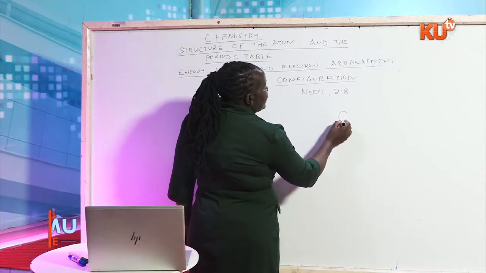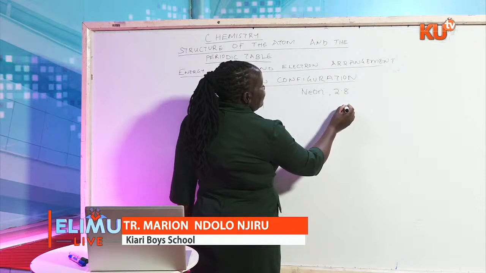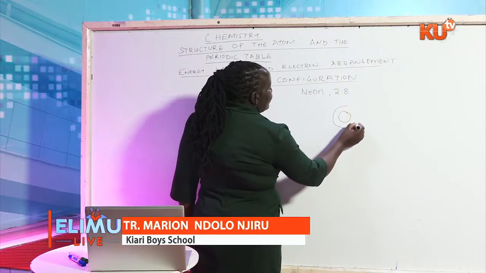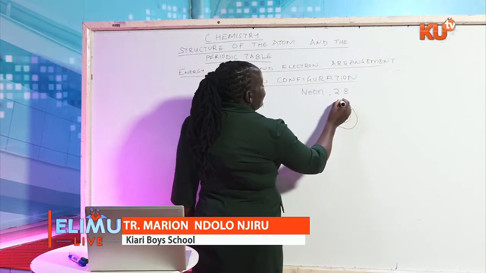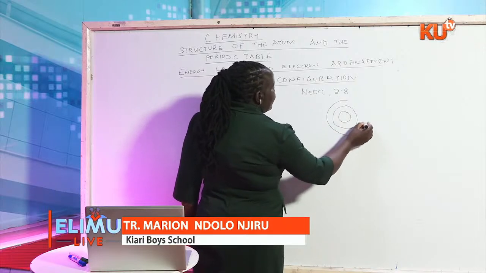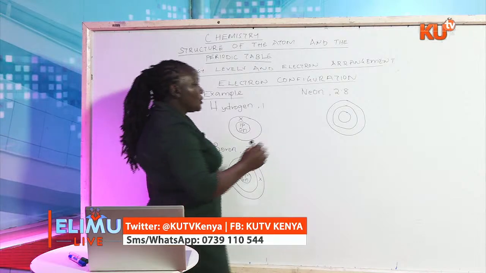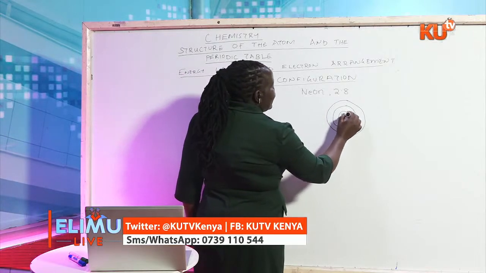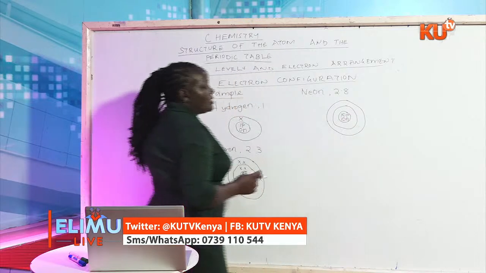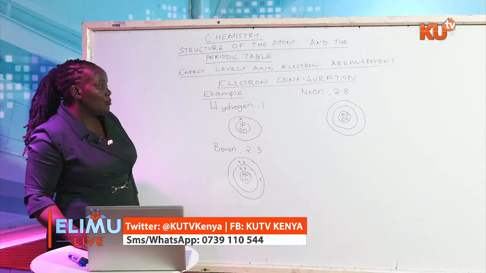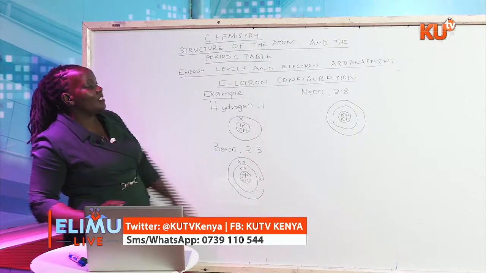So we have our nucleus there. We have the first energy level, and the second energy level, because it has 2. Neon has 10 protons and 10 neutrons.